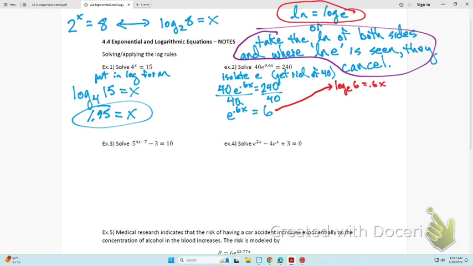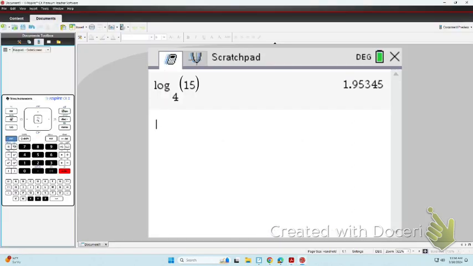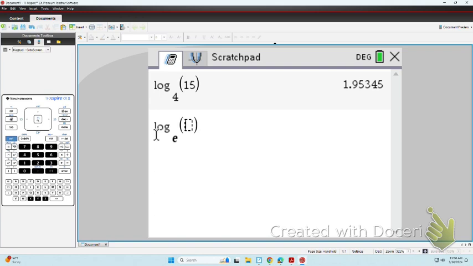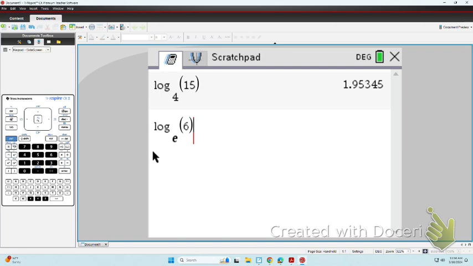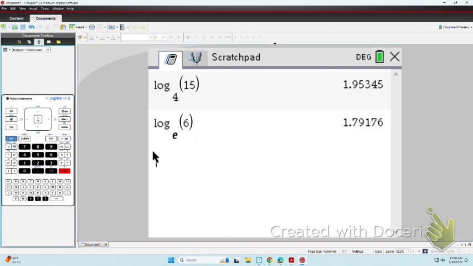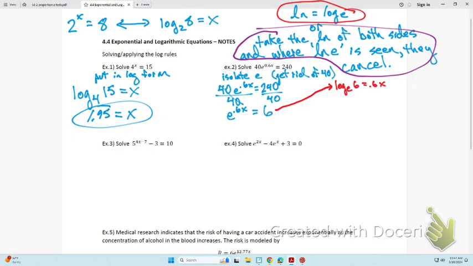We go to the calculator, type in log e of 6. By the way, I just hit delete when that exponent came up above the e. You can type a 1. You should get 1.79. And then you learned how to solve this back in middle school.